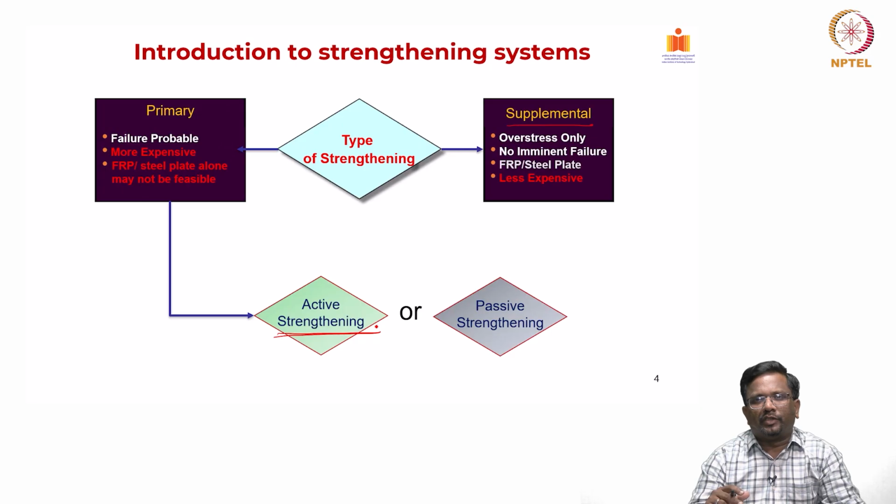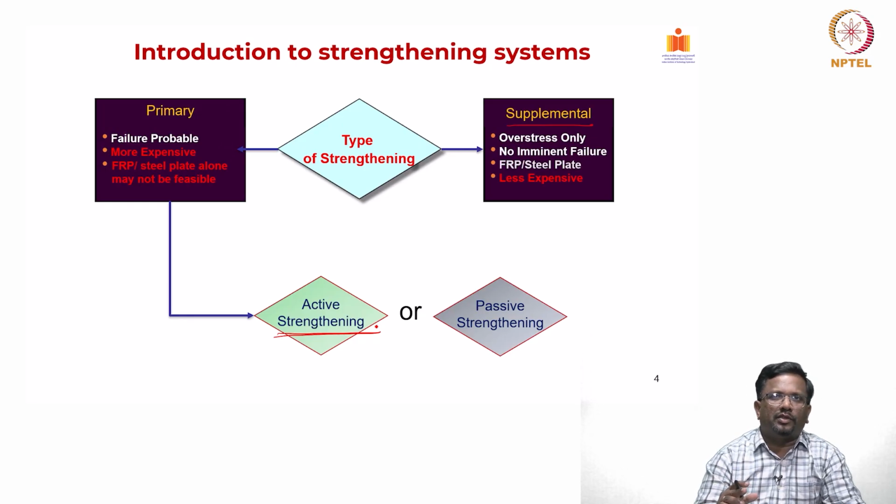However, in passive strengthening, mostly in the case of externally bonded systems like FRP or steel plate, these additional elements come into the picture only when the structural system is overloaded more than what it had seen at the time of installation, right.